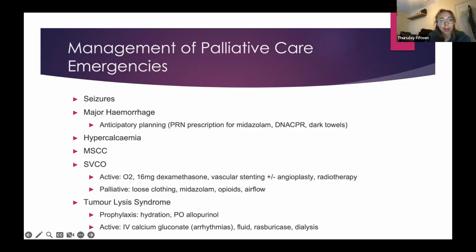So to prevent that from happening, you generally hydrate patients and give them allopurinol when they're having their chemo. And if you're actively treating someone with tumour lysis syndrome, then you need to treat things like the arrhythmias with calcium gluconate. You should give them fluids. You can give them something called rasburicase, which reduces the uric acid level. And you can also consider dialysis. But if someone's palliative and at the end of their life, then symptomatic management.